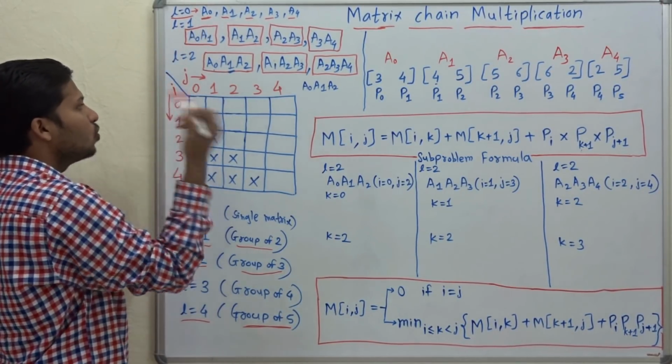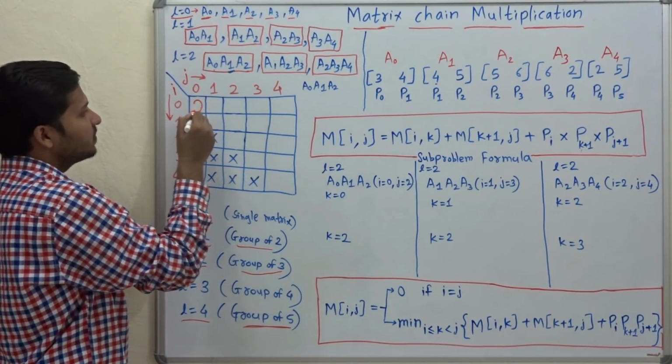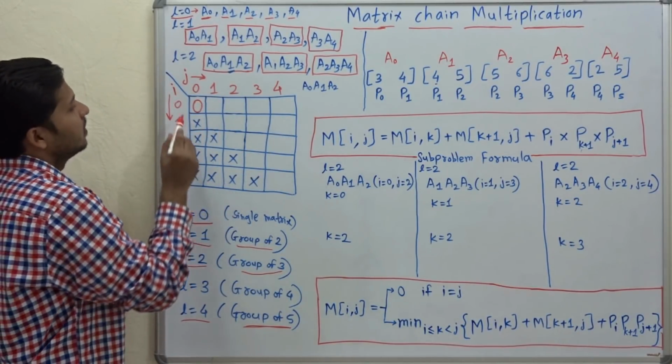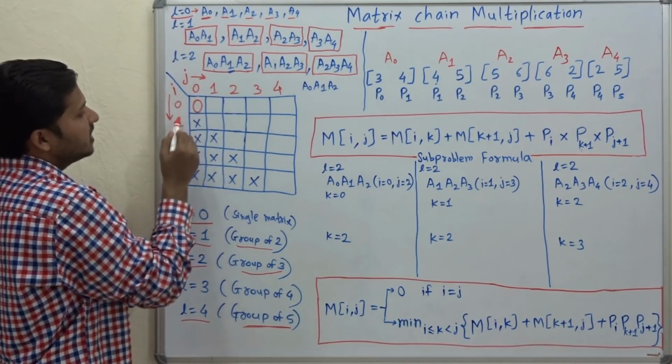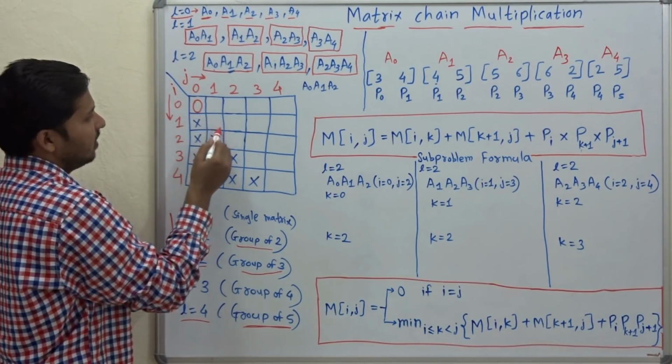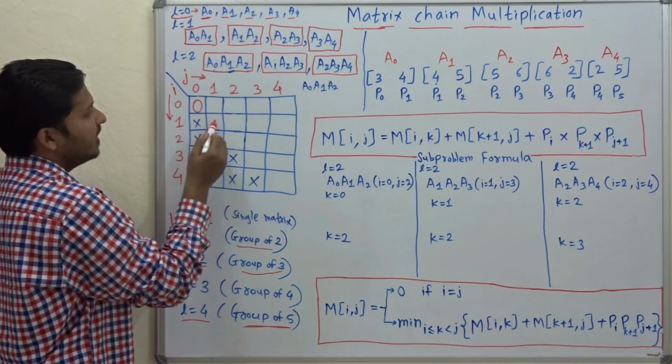If there is no multiplication, then the cost will be 0. Then I equal to 1, J equal to 1, this cell, for the individual matrix.